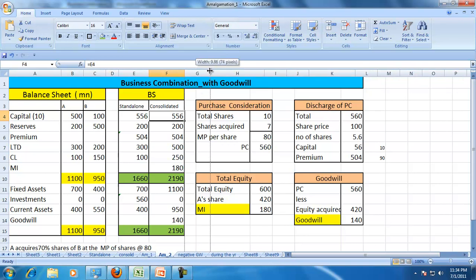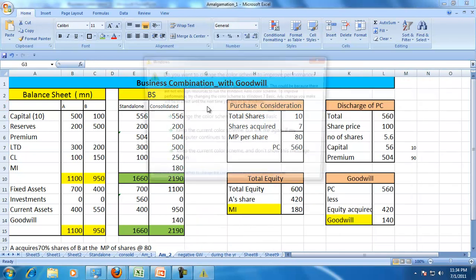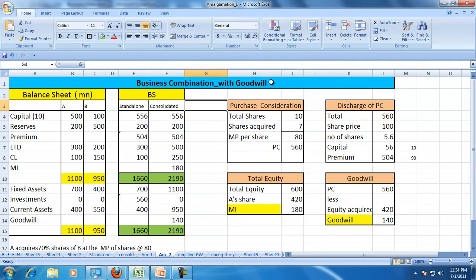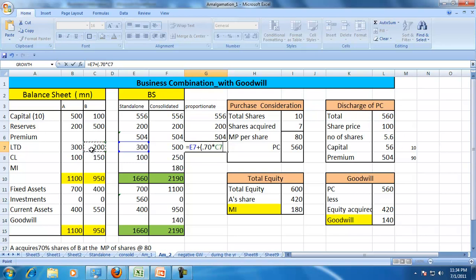For example, if we make a proportionate consolidation, all other things remaining the same, which is discouraged, my capital will remain the same, reserves will remain the same, premium will remain the same, but the assets will be this plus 0.70 of 200.